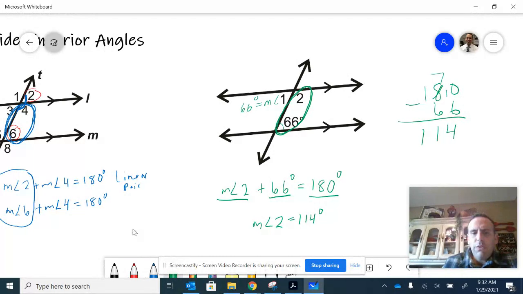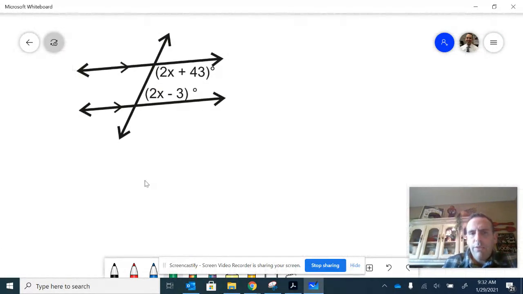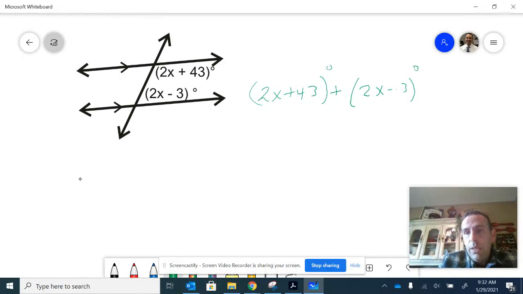Let's look at a specific algebraic example that I have here from our text. In this diagram, you can see the two angles marked are same side interior. That must mean that their angle measures have a sum of 180. Writing the relevant equation, we get that 2x plus 43 plus the other 2x minus 3 must have an angle sum of 180 degrees.